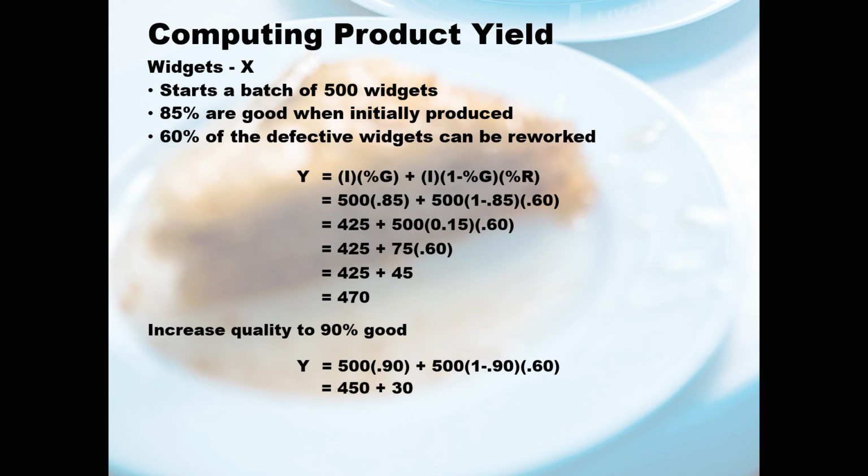In this case, our initial run produces 450 widgets, and the number of widgets that can be reworked is 30. That gives us a total of 480 units that were able to be reworked and produced and meet quality specifications.